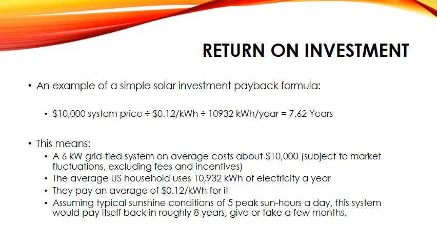The average U.S. household uses almost 11,000 kilowatt hours of electricity a year. They pay an average of 12 cents per kilowatt hour for it. Assuming typical sunshine conditions of 5 peak sun hours a day, this system would pay itself back in roughly 8 years, give or take a few months.